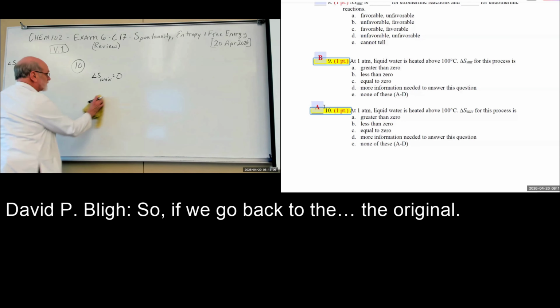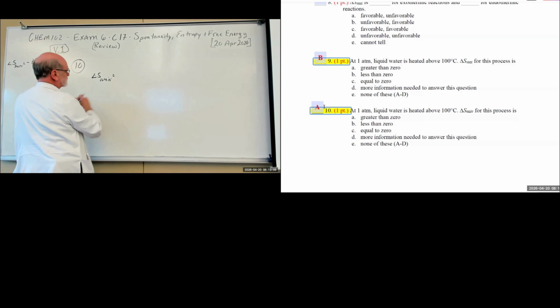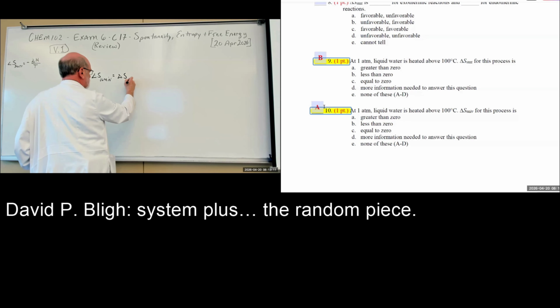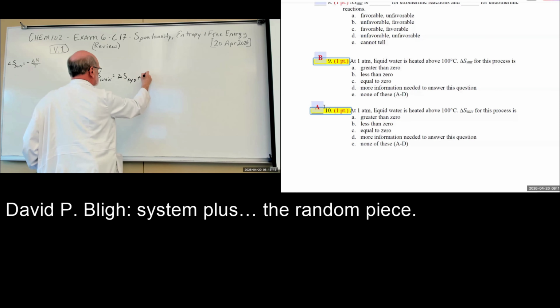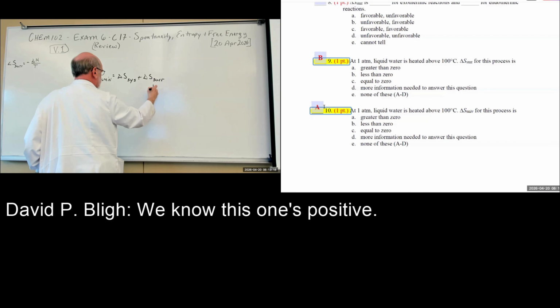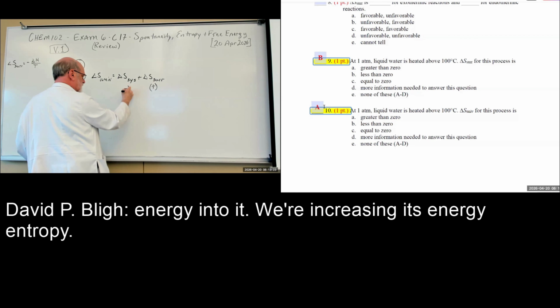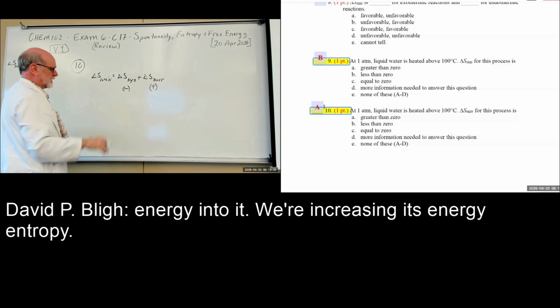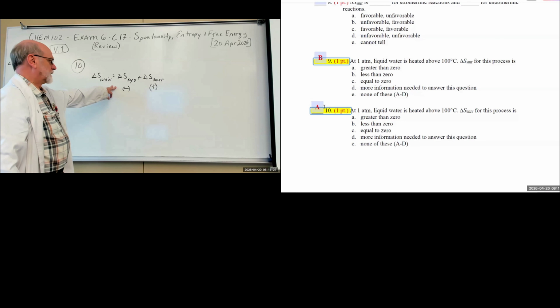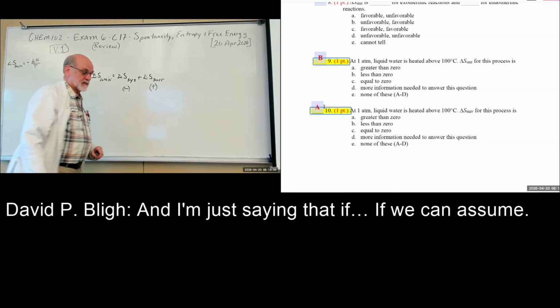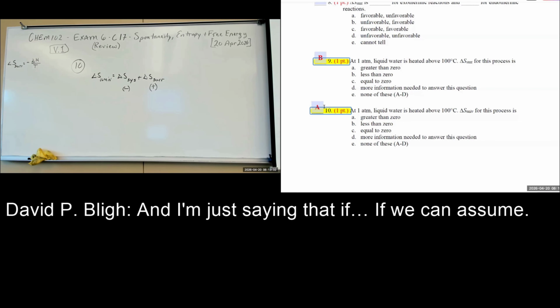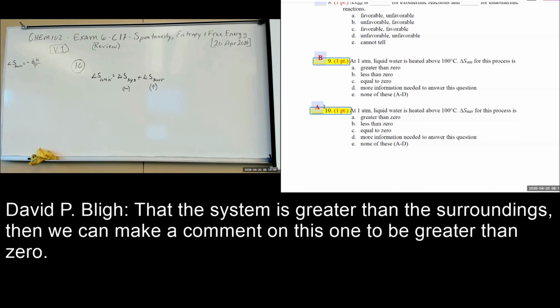So if we go back to the original, system plus surroundings, we know this one's positive. We know this one's negative because we're putting energy into it. We're increasing its entropy. And I'm just saying that if we can assume that the system is greater than surroundings, then we can say this one is greater than 0.